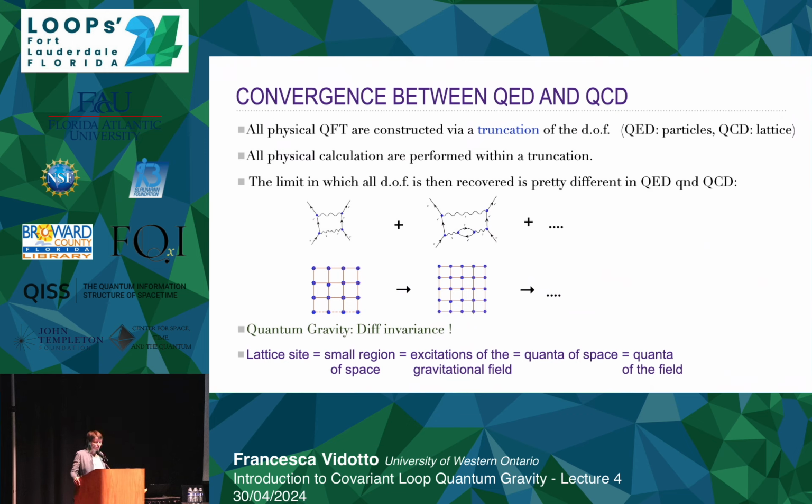The reason why I was mentioning this before is because when you compute the graviton propagator, what you're doing is really taking a given fixed space-time, in particular a flat space-time, a Minkowski space, and then you look at localized excitations of your field, and you look for correlations.